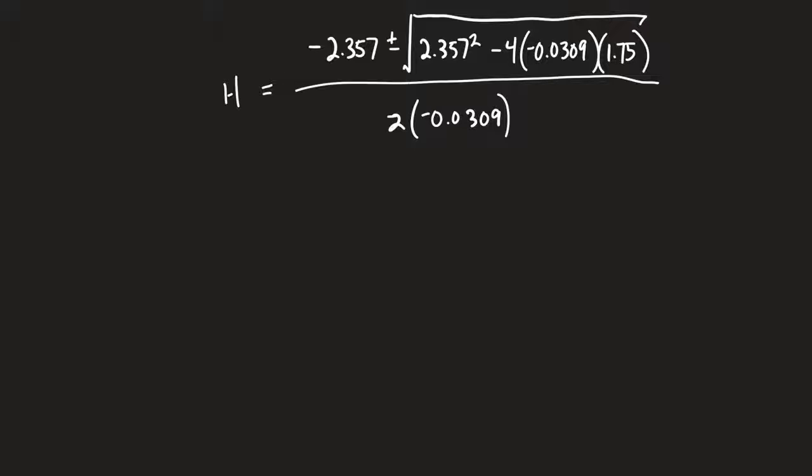So I don't see anything helpful, but it looks like I'm still going to have, inside the radical, all the numbers positive. So when I take that root, I'm going to get one negative root and one positive root total.